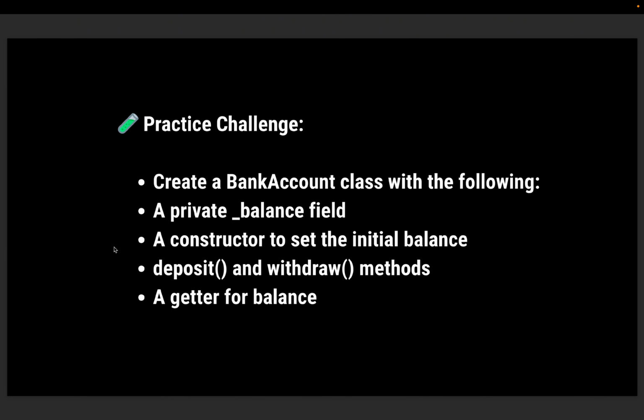So we have an assessment which I want you to look into, which is to create a bank account class with the following: a private balance, a constructor to set the initial balance, and then a deposit method, a withdraw method, and a getter for the balance.